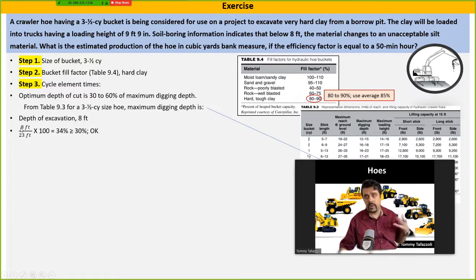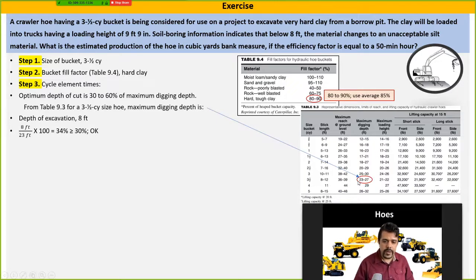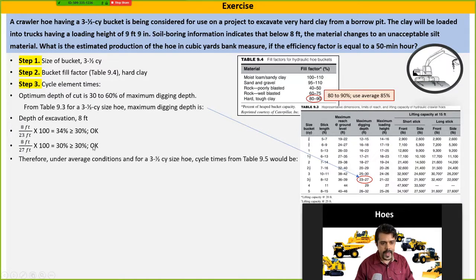The range was between 23 to 27, so we do the calculations for the two sides of the range. One of them would be 8 over 23, which is 34%, so it is okay. The other one is 8 over 27. Again, it is 30%. So as long as it is not less than 30%, that is acceptable. So we make this check and we are good to go. It means we can do the digging at that height.